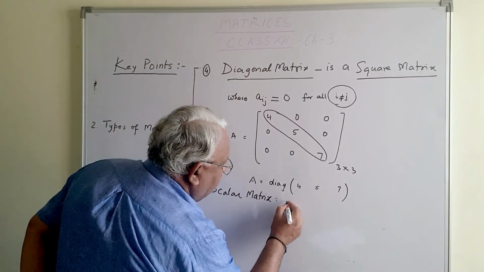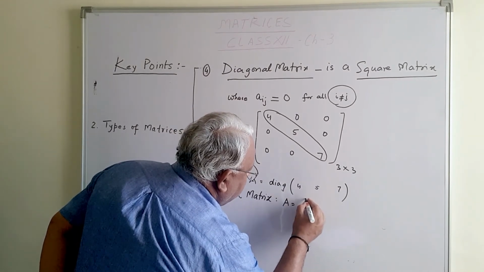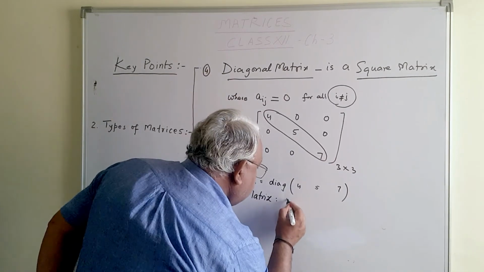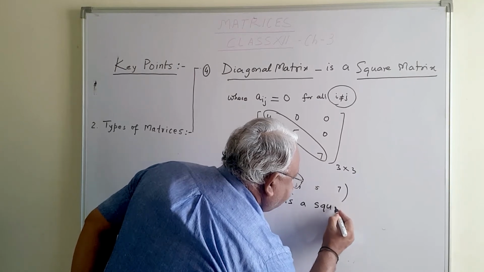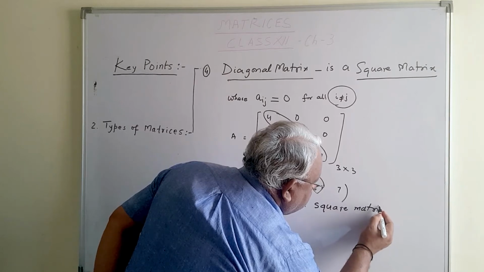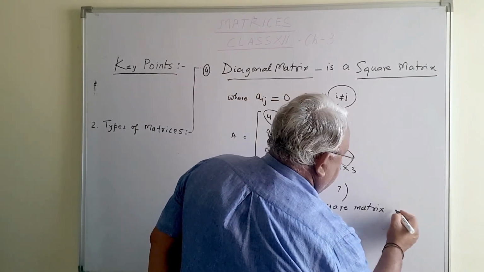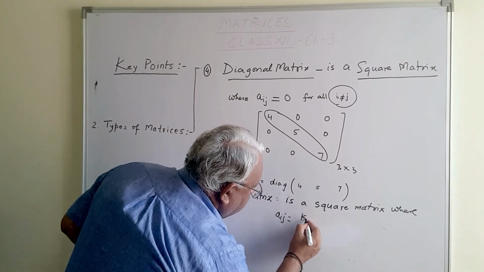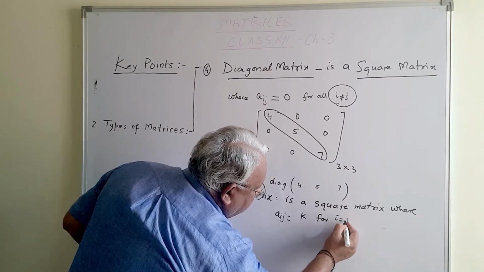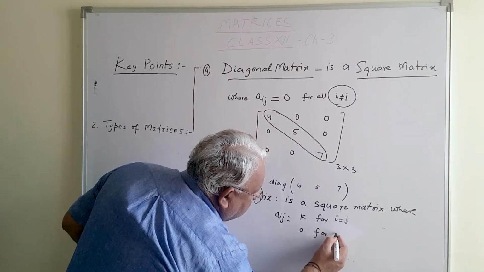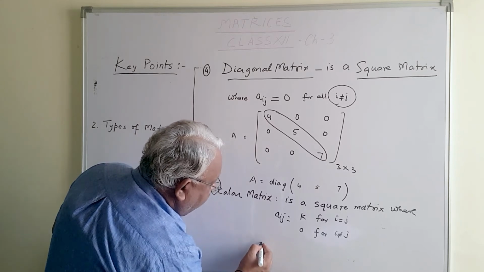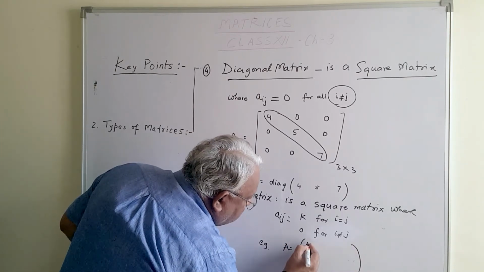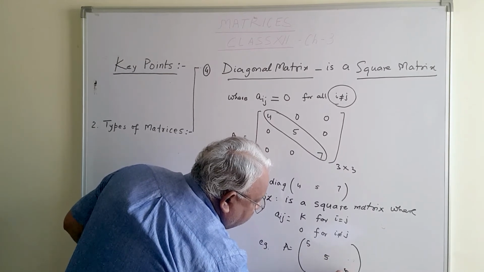The scalar matrix is defined as A equal to Aij is a square matrix, again where Aij is equal to K for I is equal to J and 0 for I not equal to J. So for example, again I will take a 3 cross 3 matrix. Here I am going to write 5, 5, 5.